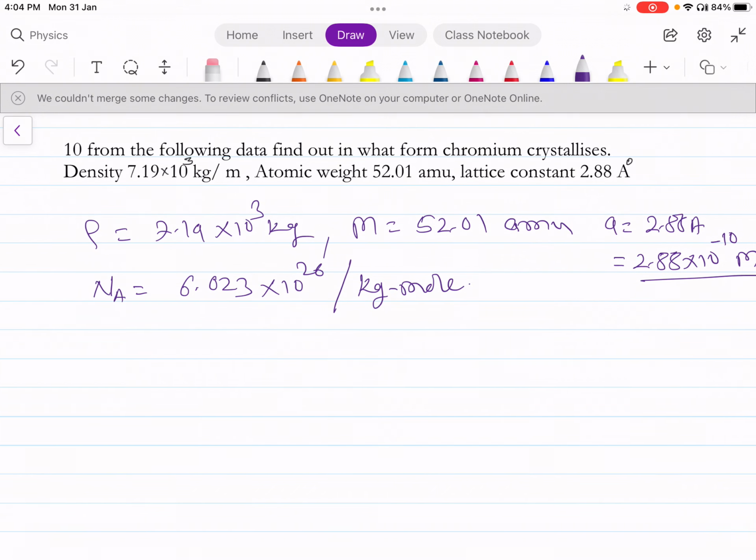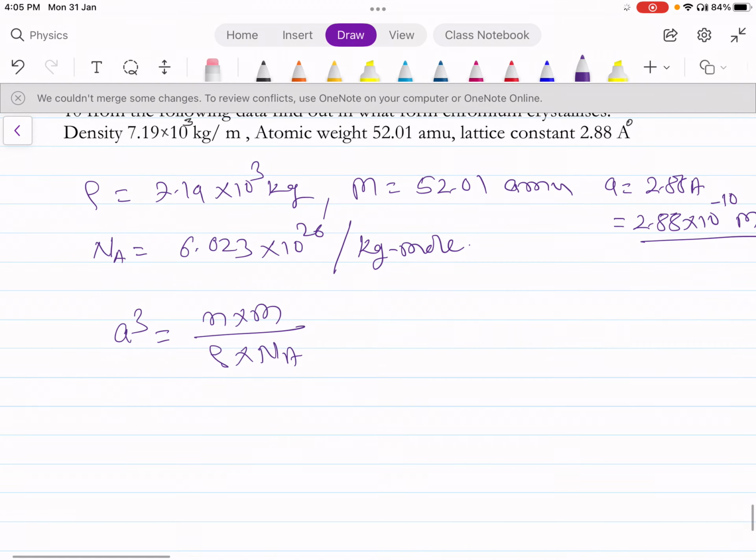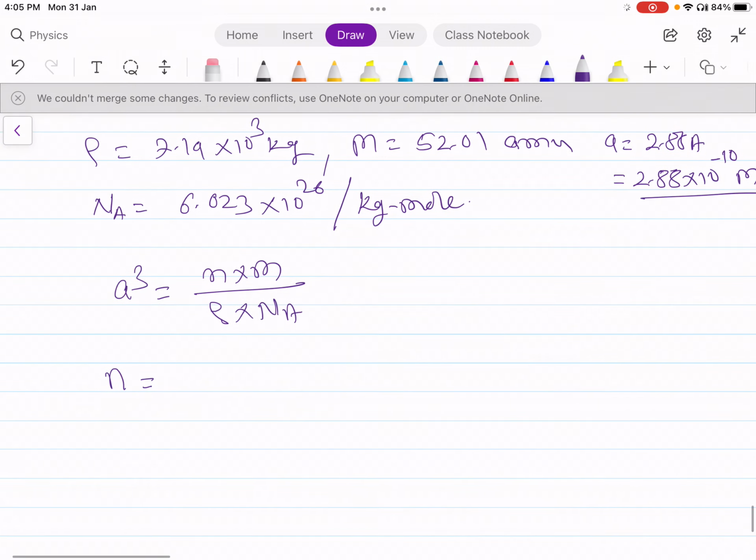And the formula is the same formula, a cube is equal to n into M divided by rho into Avogadro's number. What we have to find is small n, the effective number of atoms per unit cell, which is equal to a cube into rho into Avogadro's number divided by molecular weight.